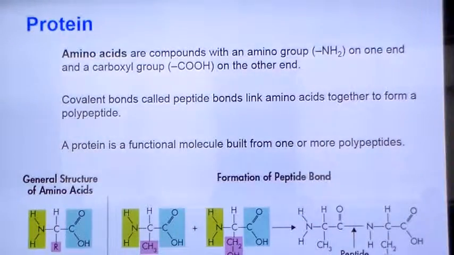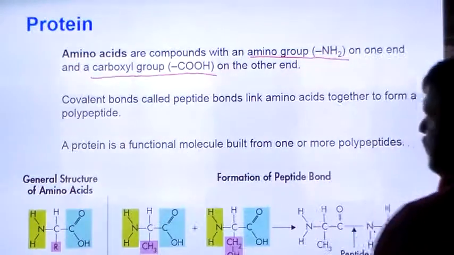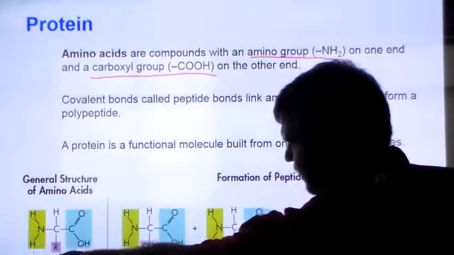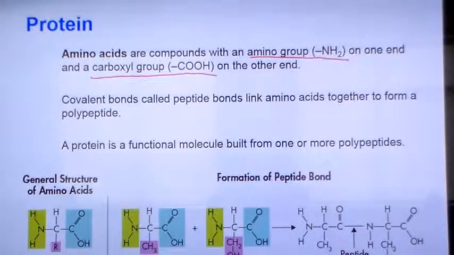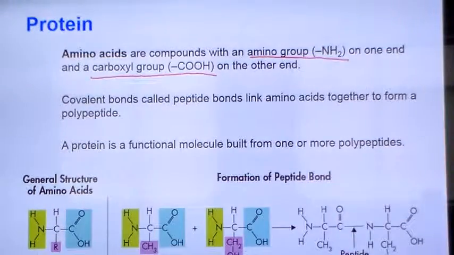One thing to remember about amino acids or proteins is they have 2 things. One is called an amino group, the other one is a carboxyl group, or COOH is a way to remember what carboxyl is. So here's an example down here. Here's your amino group with your nitrogen and your 2 hydrogens on one end. Your carboxyl group is on the other end.